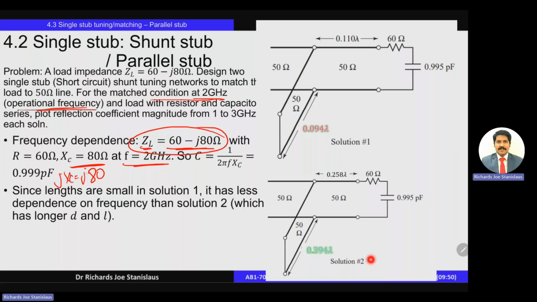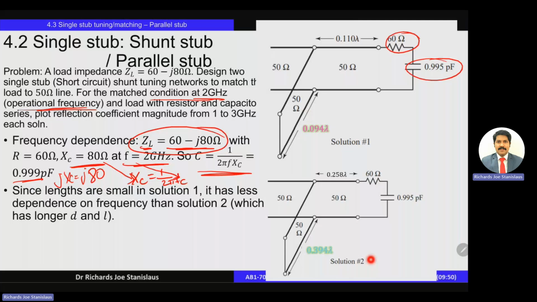That's why we write it as XC, because it is due to a capacitance. If we substitute the frequency in XC, which is 1 by 2 pi f C, we are able to get the capacitance value as 0.995 picofarad, almost 1 picofarad, and this is in series with the resistor.